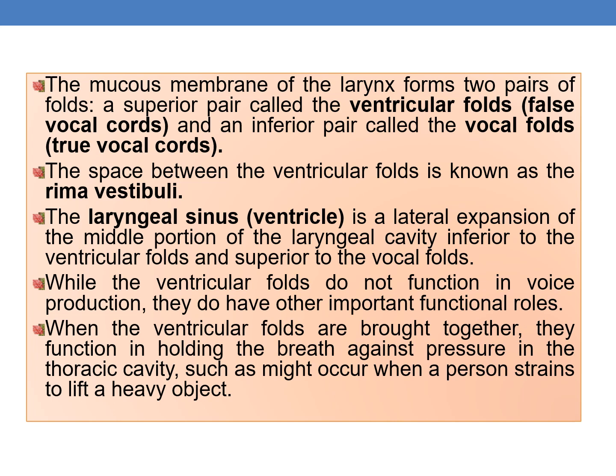The space between the ventricular folds is known as the rima vestibuli, and the laryngeal sinus or ventricle is a lateral expansion of the middle portion of the laryngeal cavity inferior to the ventricular folds and superior to the vocal folds. While the ventricular folds do not function in voice production, they do have other important functional roles.